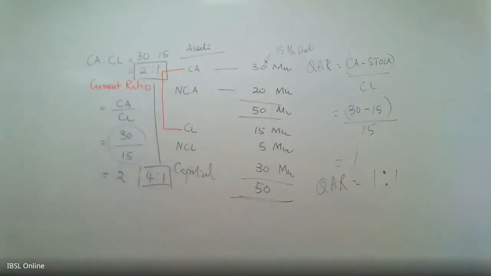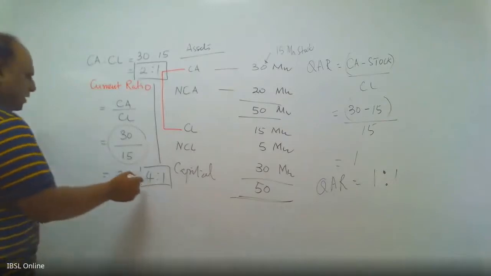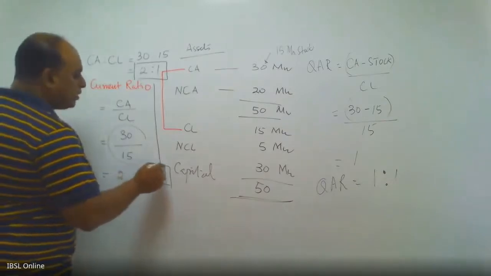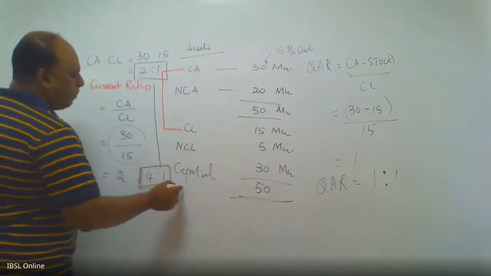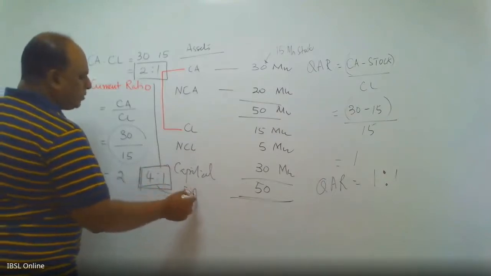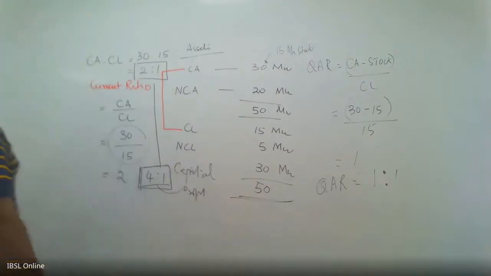Having more doesn't mean it is bad, but it is not useful because you are not earning a better profit. So here is the dilemma we are talking about: liquidity versus profitability.